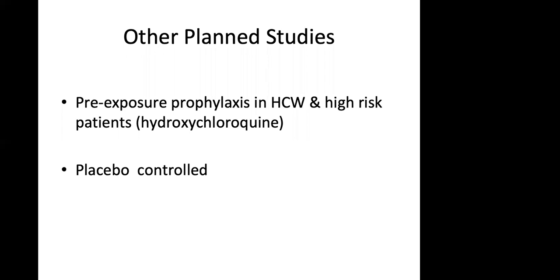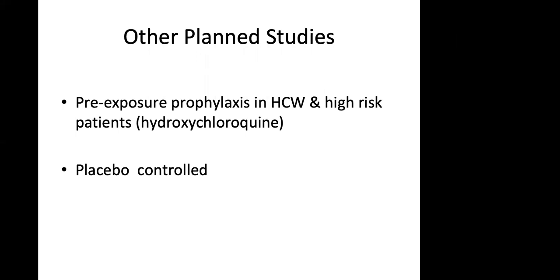Some of the other planned studies are on post-exposure prophylaxis in healthcare workers and high-risk patients. Some of the ongoing randomized placebo-controlled trials, some in North America, are essentially looking at healthcare workers who have had an unprotected exposure to confirmed COVID-19 cases.